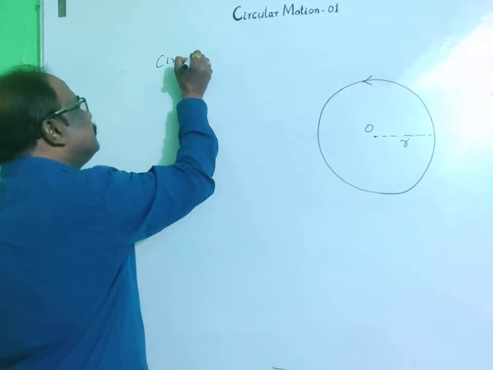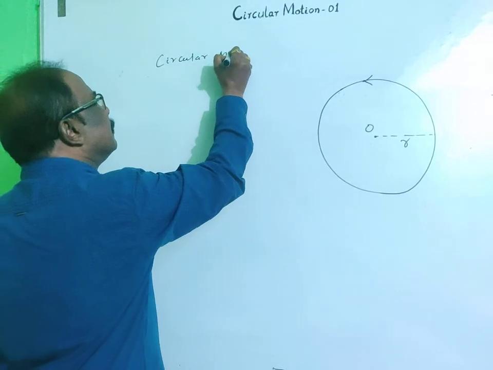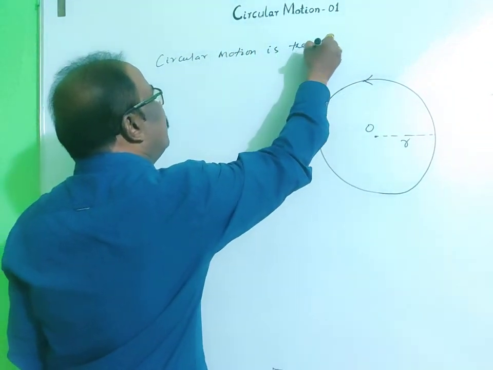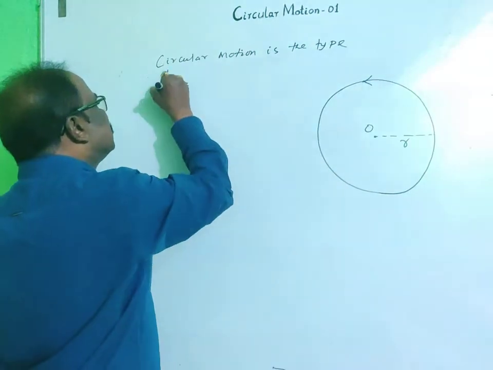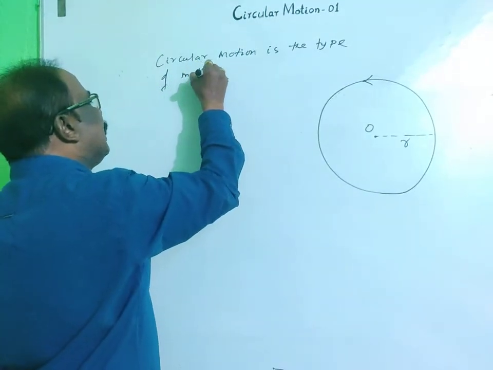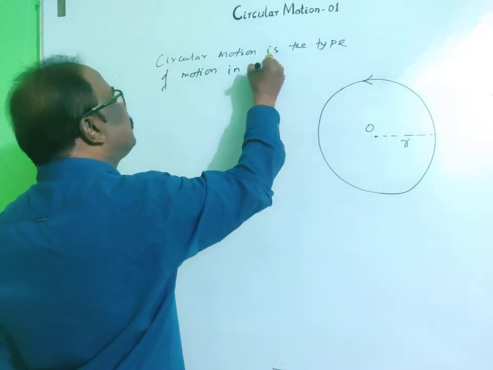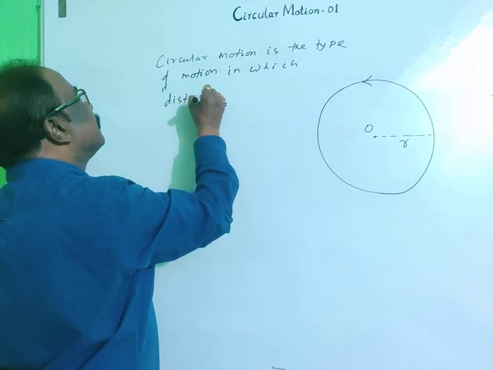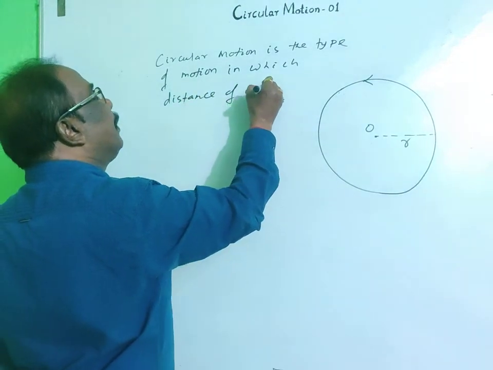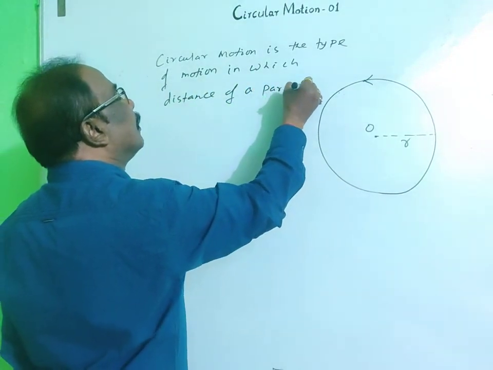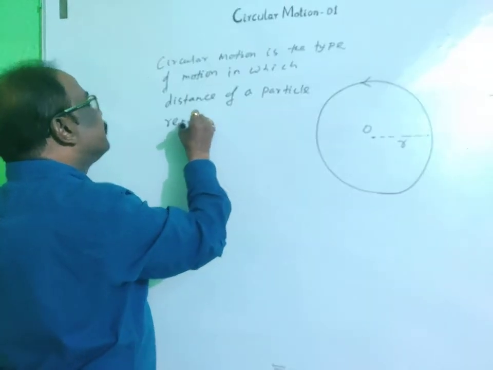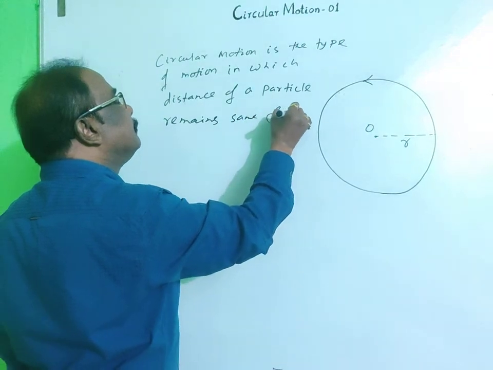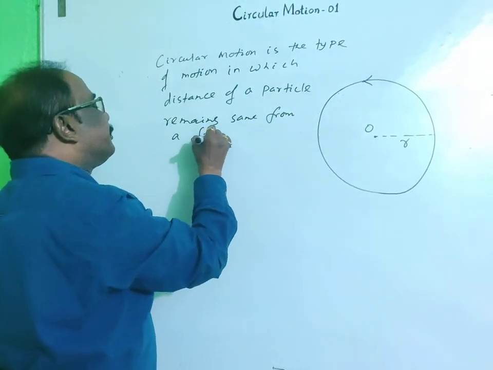Circular motion is the type of motion in which distance of a particle remains same from a fixed point.